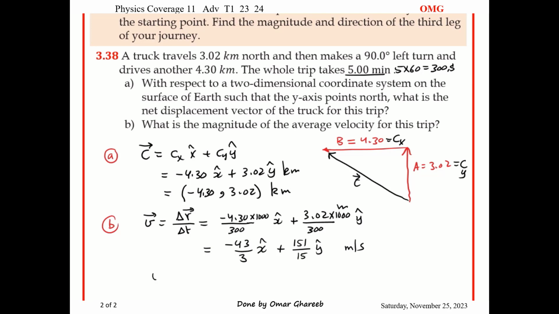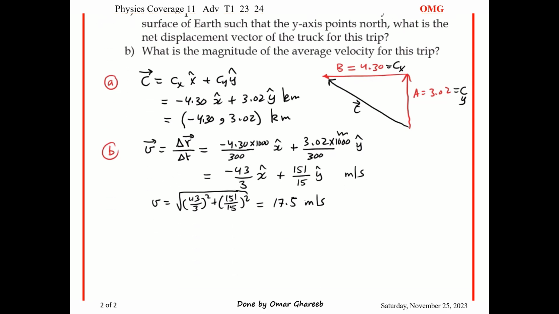For the magnitude, V is the square root of 43 over 3 squared plus 151 over 15 squared. It is 17.5 meters per second. And that's it. This is the magnitude of the average velocity.